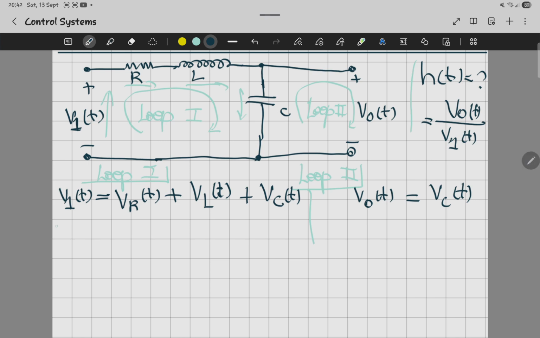I'm just going to write them here, but anyway, we just need the transfer function.